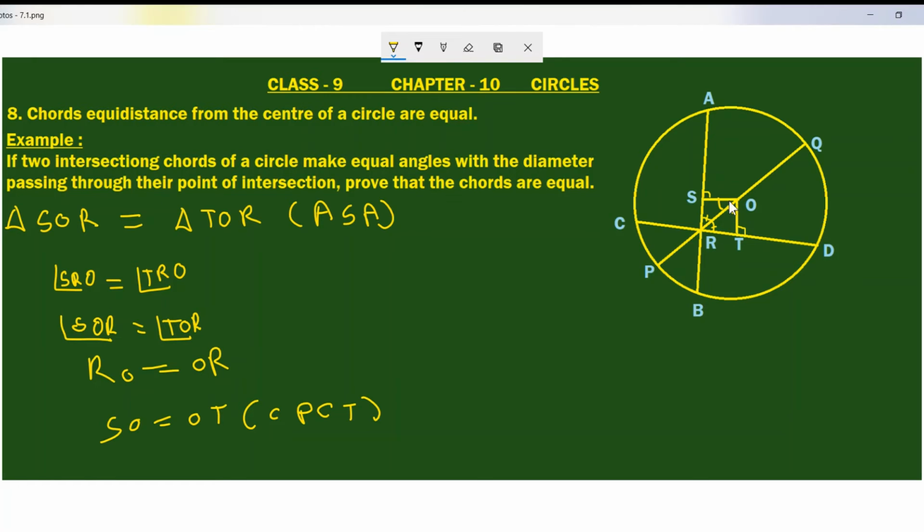If these two distances are equal, then we can say, according to theorem number 7, AB is equivalent to CD. Got it? Hence we have proved this theorem.